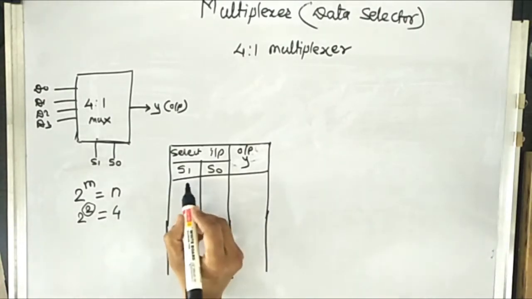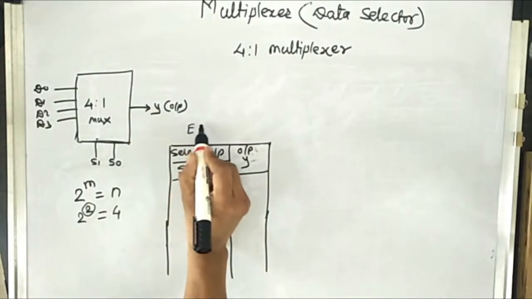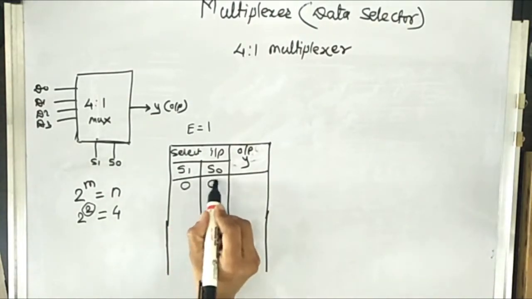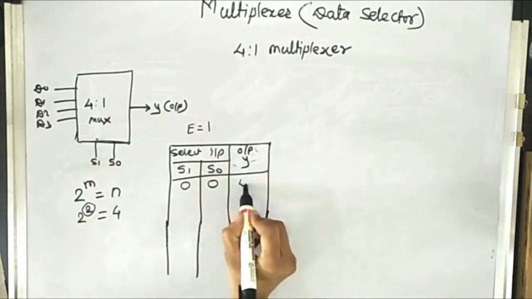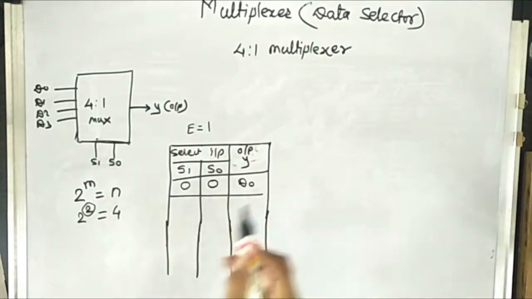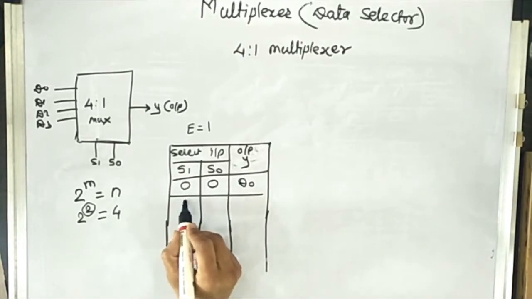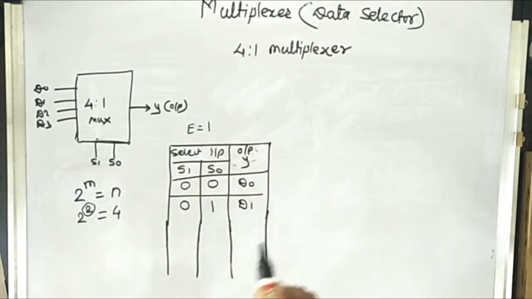So the enable input is equal to 1 always. If the select lines S1 and S0 are 0, 0, then input D0 is selected. If S1 is 0 and S0 is 1, then input D1 is selected.